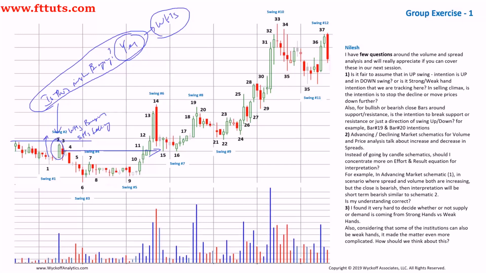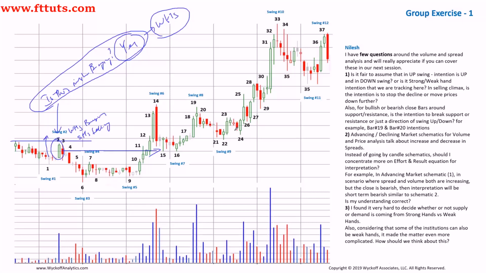Imagine an institution that bought on this bar, as Eric suggests. Then this institution is holding on to this position through swing number 4, 3, 5, 6, and then the position is profitable. So are they weak hands or are they strong hands?